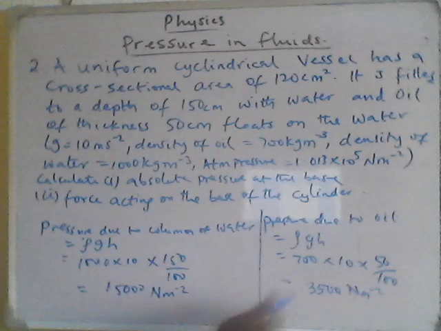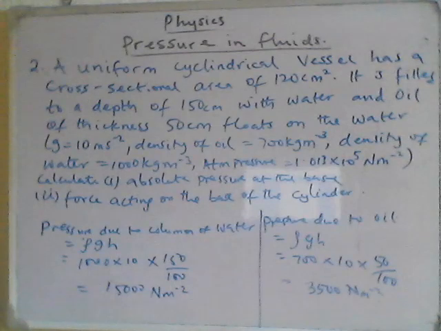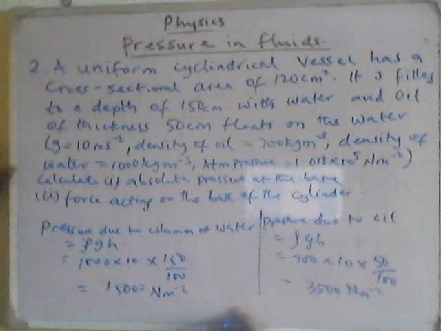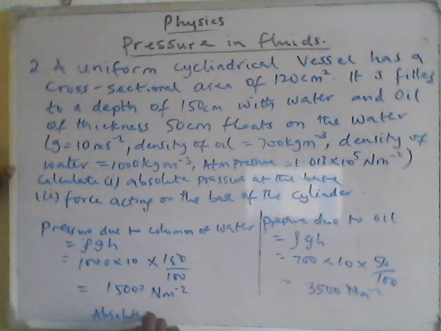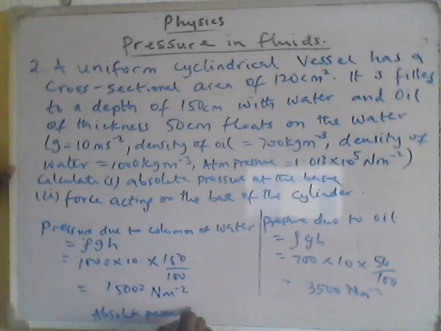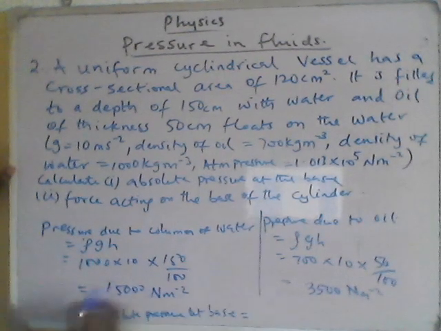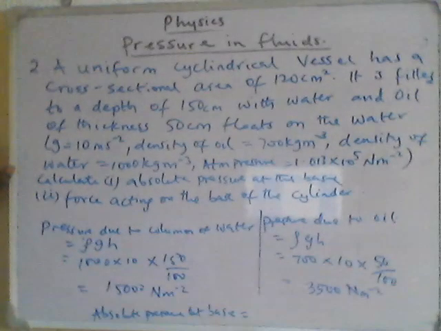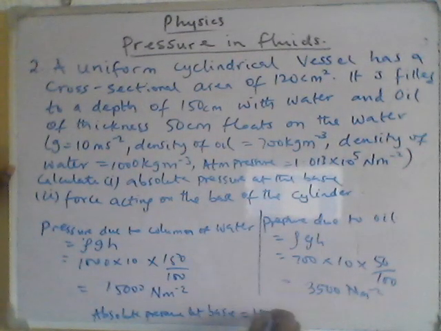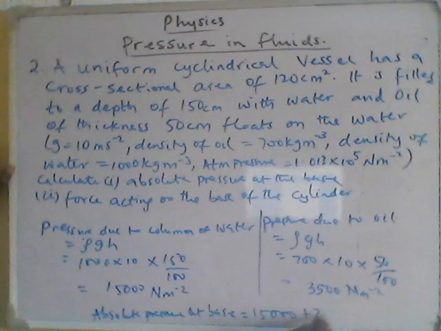Okay, so if you add the two of them, you're going to get the total pressure, the absolute pressure at the base. So let me just put it here. Absolute pressure at the base is equal to pressure due to water and pressure due to oil. Add them together, right? So 15,000 plus 3,500.